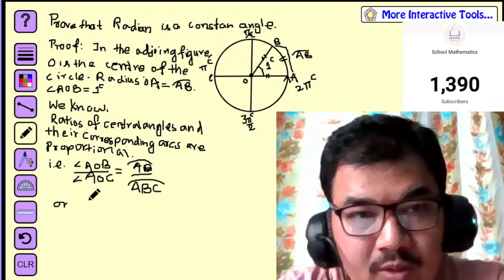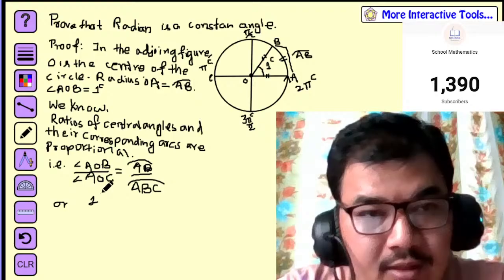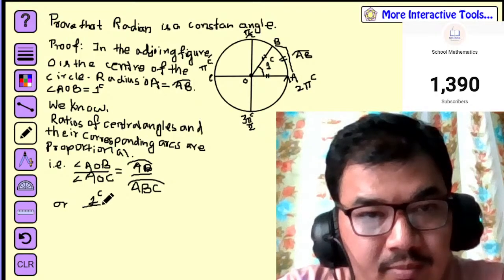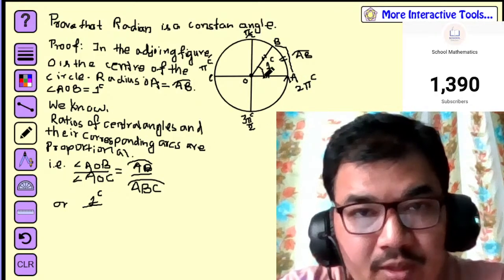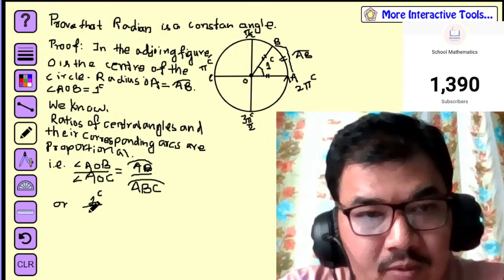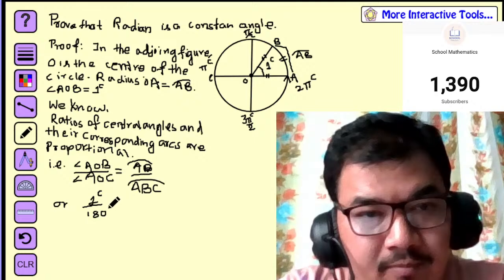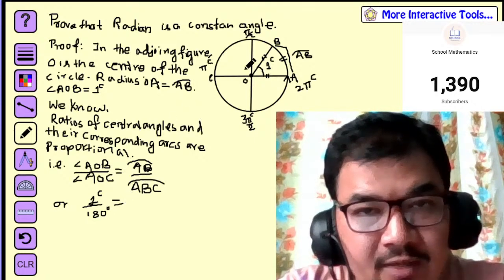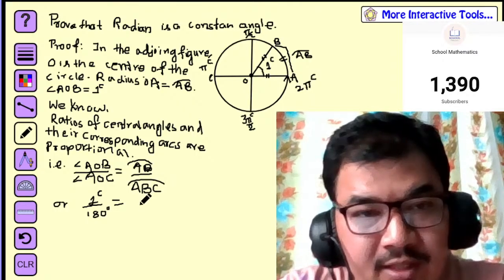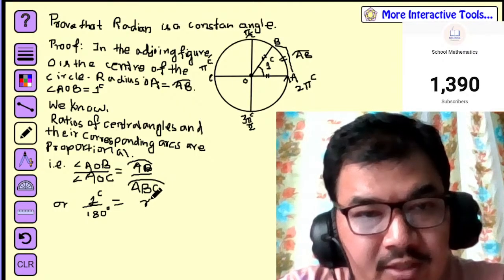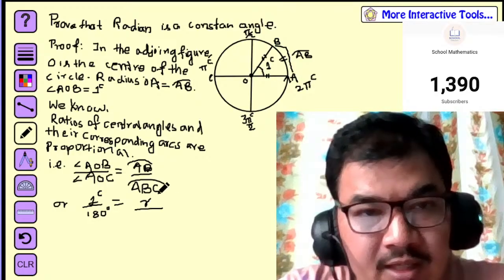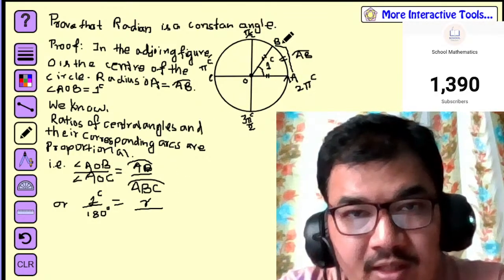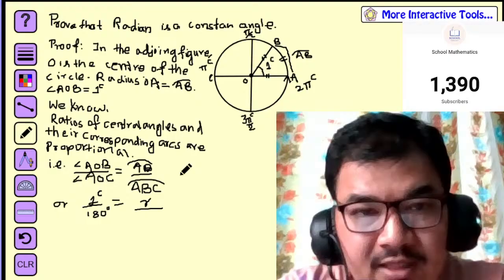And we know angle AOB is given there as 1 radian, right? And AOC, we know this angle is 180 degrees, because that is a straight angle. This will be 180 degrees equals arc AB. Arc AB is this one, radius R, and ABC, look here, that is the semicircle.